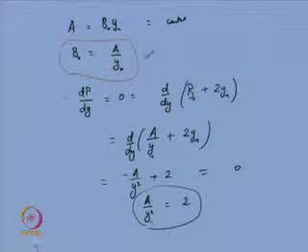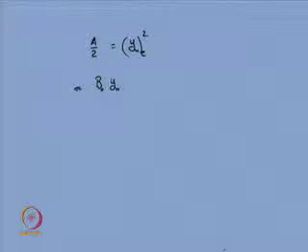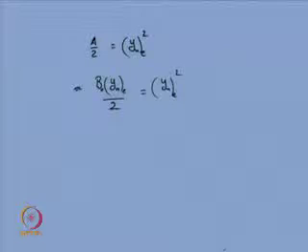So, you will see that you will get V0 yn into E by 2 is equal to yn E whole square.